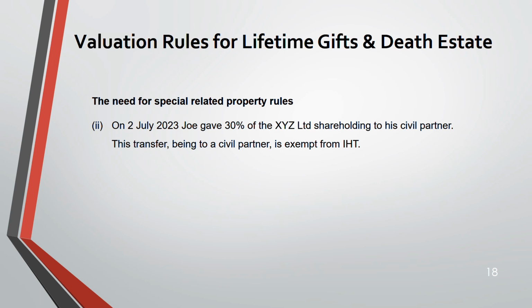Why? Inter-spouse transfer is exempt. You have to know these rules for why it is exempt. So now only 30% shareholding is left, and IHT will be paid on that 30%. They will give you the valuation, don't worry about it. That 30% shareholding is valued at 200,000.